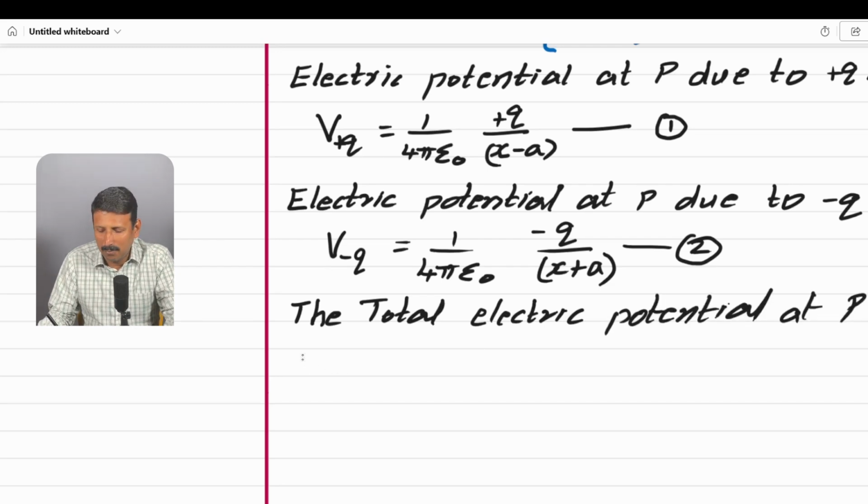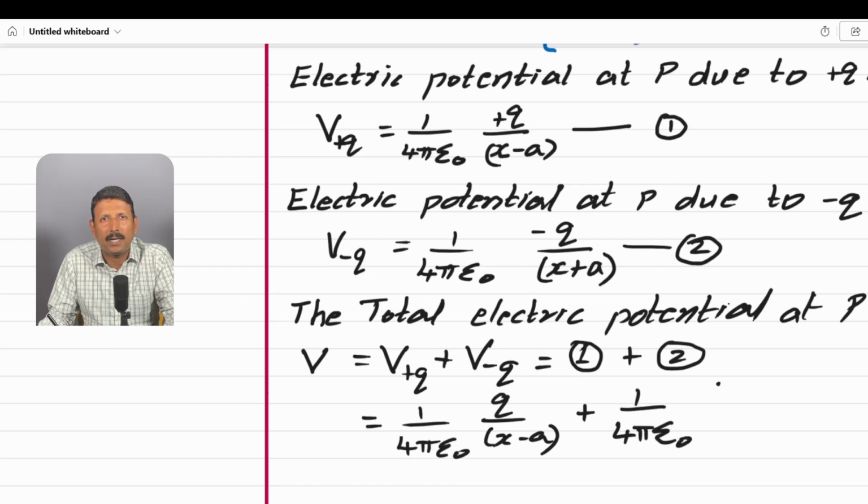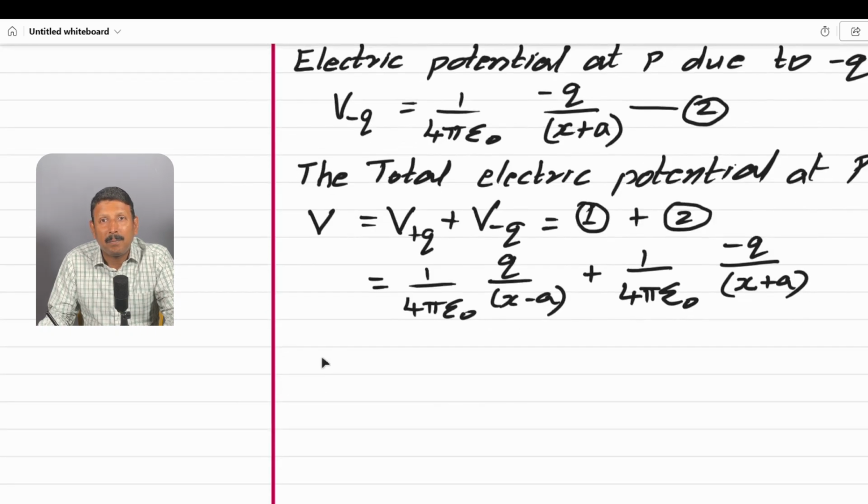The total potential will be the sum of these two. So the total electric potential at P is V equal to potential due to plus Q charge plus potential due to minus Q charge, that is equation number 1 and 2 added. So we can add them now: 1 by 4 pi epsilon 0 times plus Q divided by x minus a, plus 1 by 4 pi epsilon 0 times minus Q divided by x plus a.